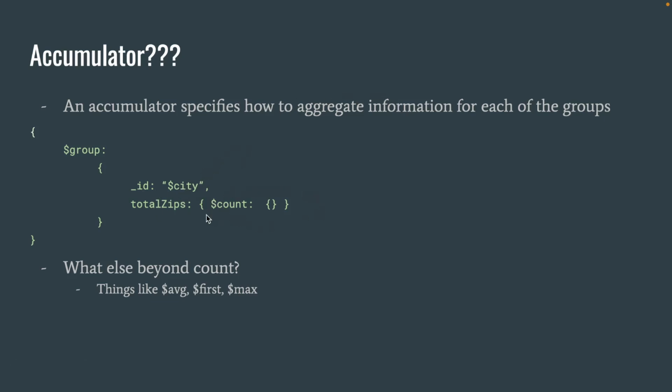And so that makes sense when I first learned about grouping, getting the count, but there's also other types that you can pass in, different accumulators, things like average, first, or max. And so let's say instead of each entry being a zip code, each entry is the population of the zip code. And then I can find the max, or I can find the average per city of that.